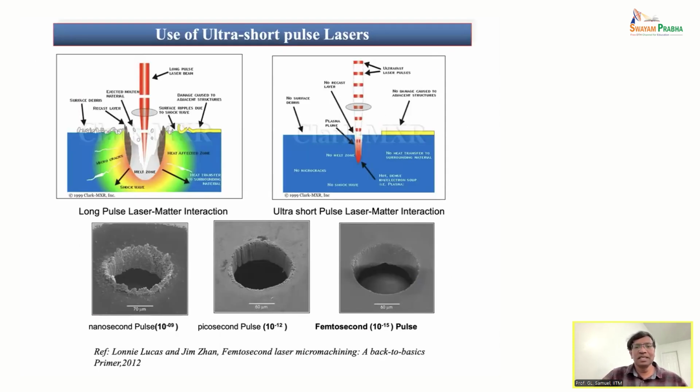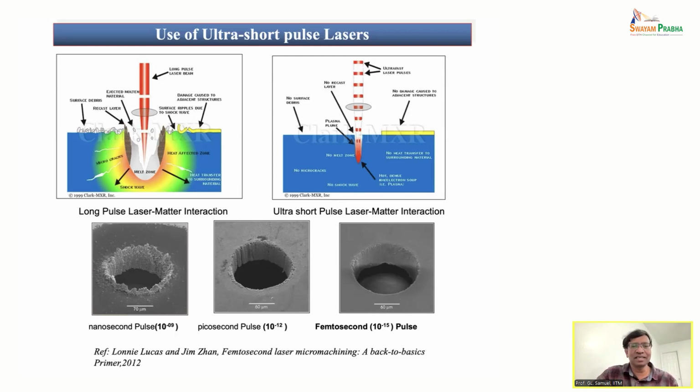I think some of the researchers have worked with the lasers and given the figures, and we have also done the machining by using such types of lasers. Where we can see a significant improvement in the quality of the hole which we produce when the duration of the pulse is shorter.